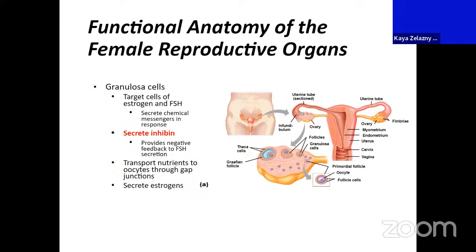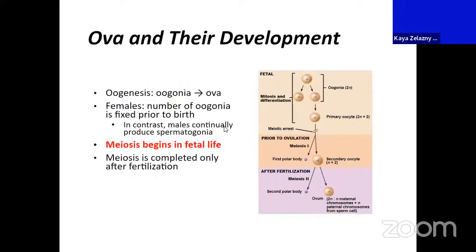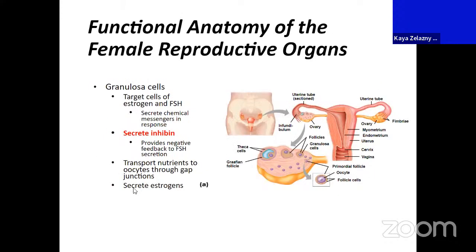Other things that the granulosa cells are doing: just like the Sertoli cells, which we thought about as support for the developing sperm cells, the granulosa cells are going to be transporting some nutrients to the developing oocyte inside. They're actually going to be secreting estrogens themselves as well. So they're both a target of estrogen and a secretor of some estrogens.